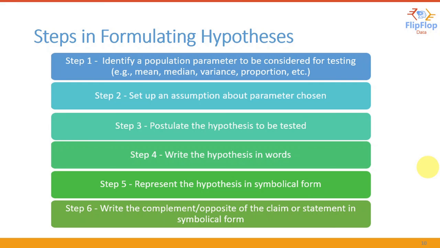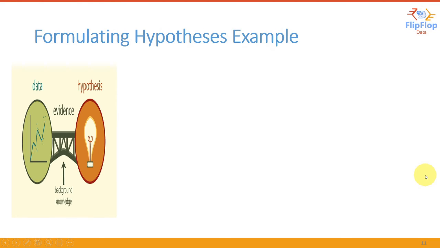So let us consider an example of a motorbike, which I have already referenced earlier. Our population parameter, in this case, is mean.